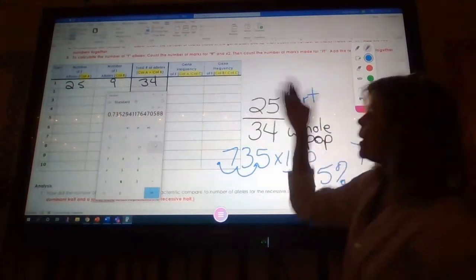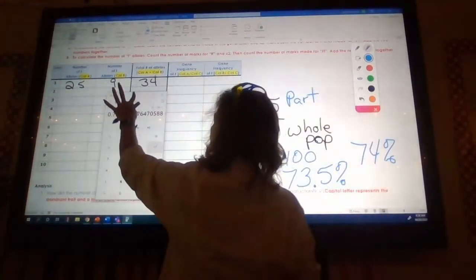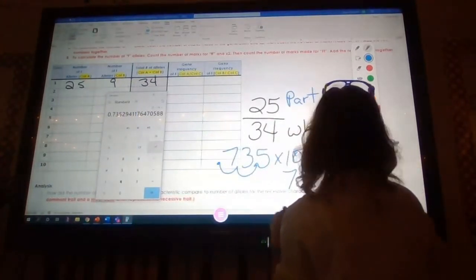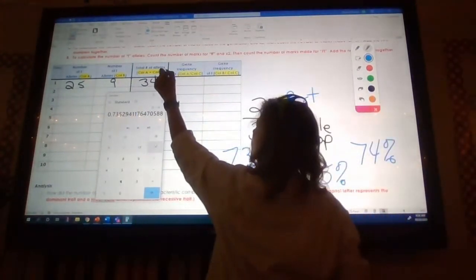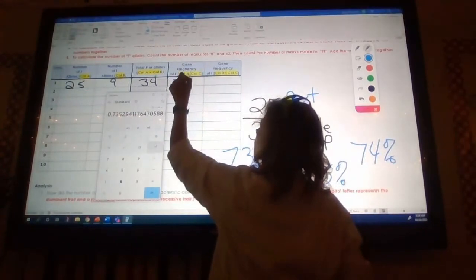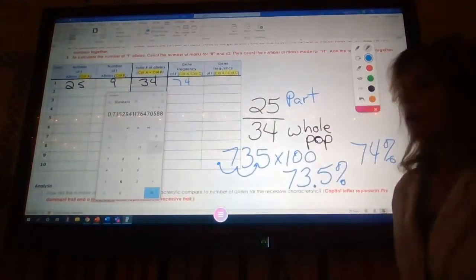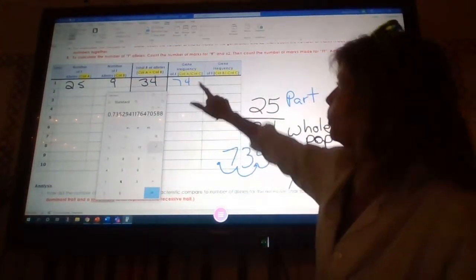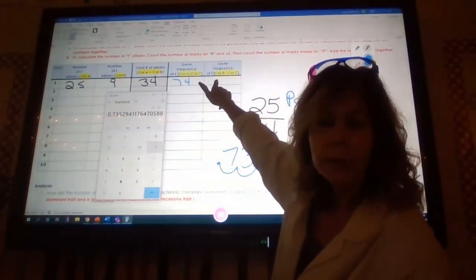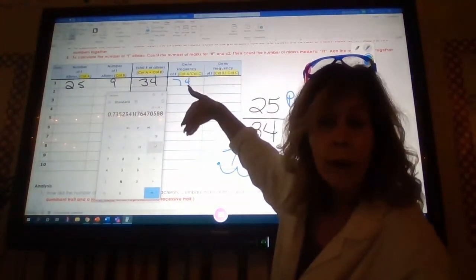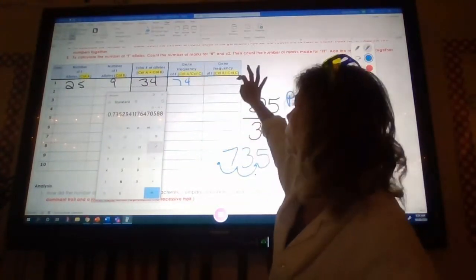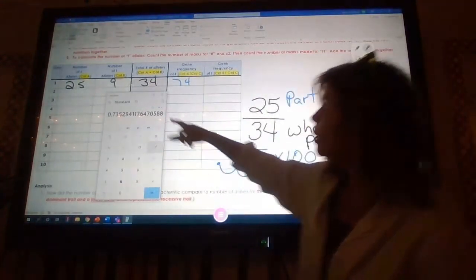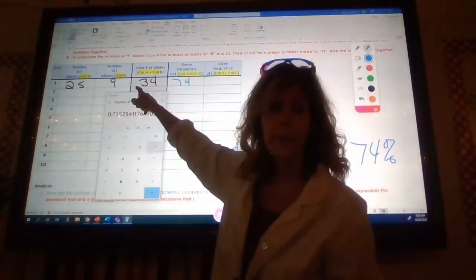So now I go back to my data table. And I write in 74%. Okay? Now you can do your other column a couple ways. You can use simple math. If both of these add up to 100%, I can do 100 minus 74, and I would get my answer. Or I could calculate it by 9 divided by 34.